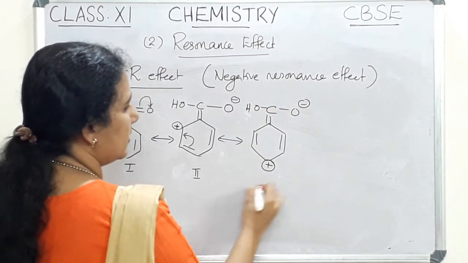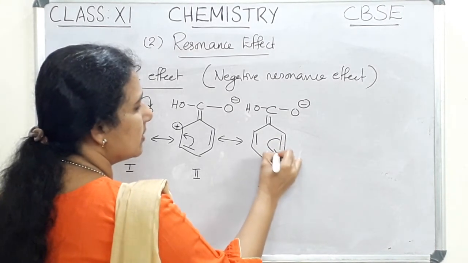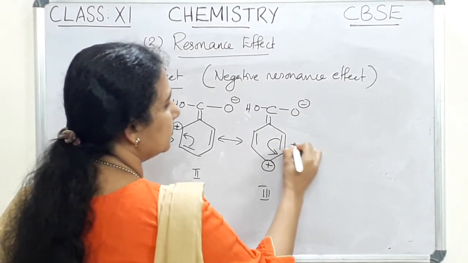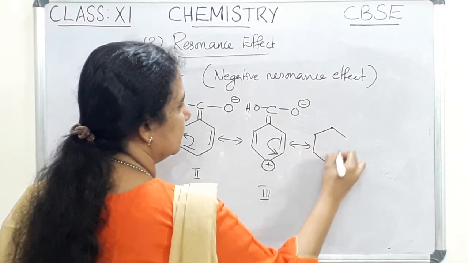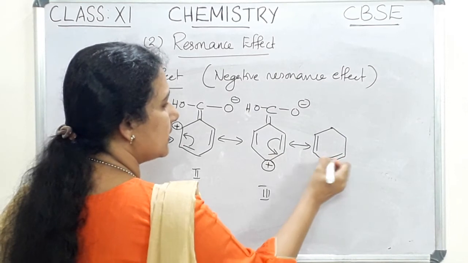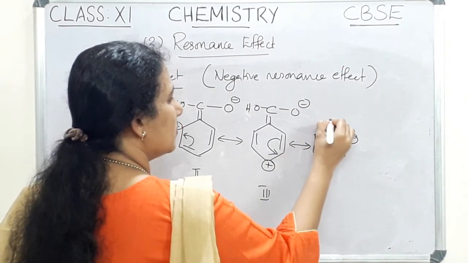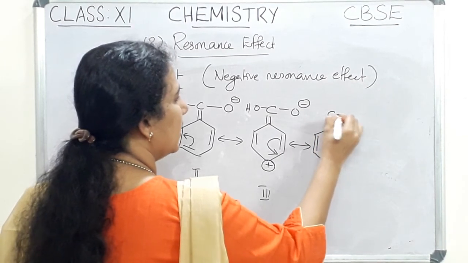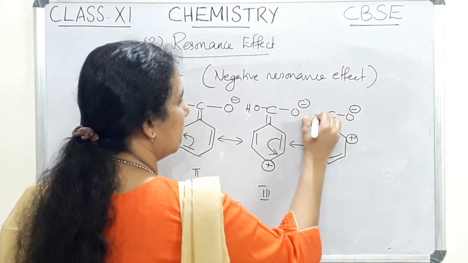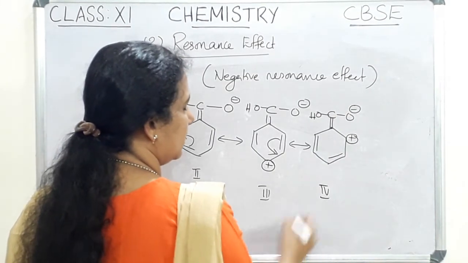This is the third structure. Then here there is a deficiency, so these electrons are shifted towards here. And this bond is the same. Here there is a bond and there is a deficiency of electrons, so there is a positive charge and other bonds are the same. So this is the fourth structure.